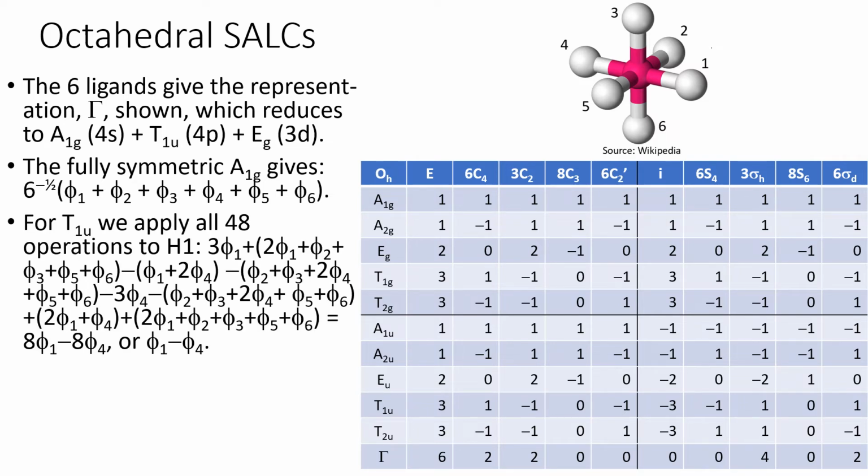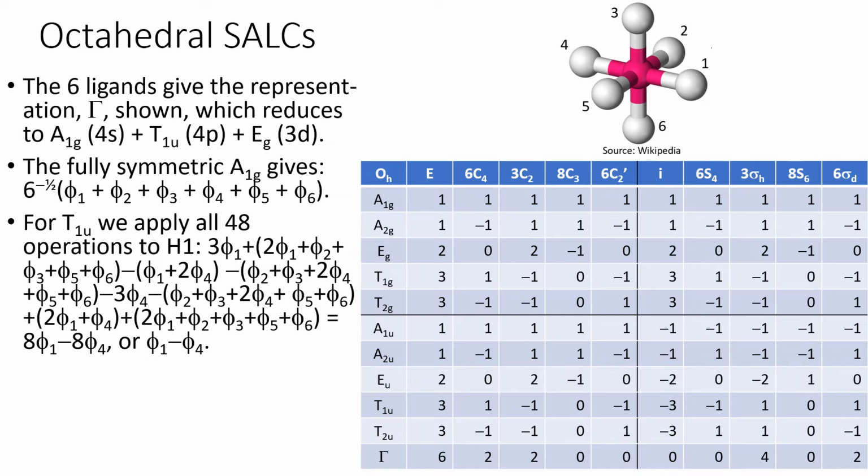Now for T1U, this is quite hard work because we've got 48 symmetry operations. The order of the octahedral group is 48. So we need to go through all of this, a bit like we did before. With the T1U case, same sort of thing. We choose one of the ligands randomly, for example H1, so we can see that on the picture.